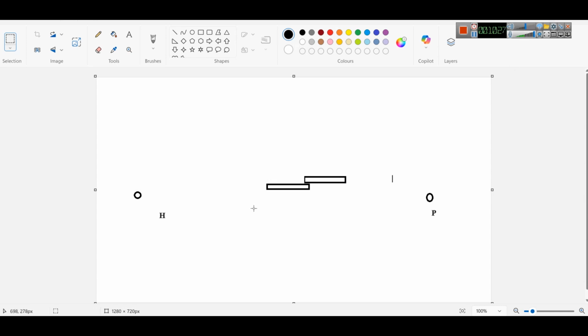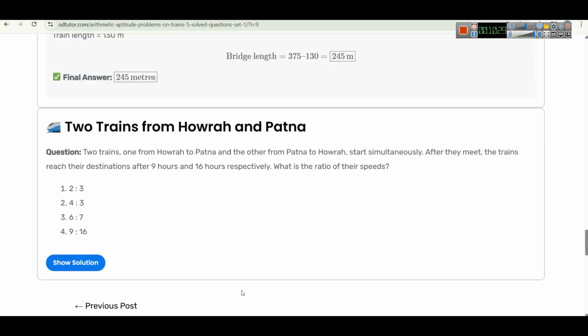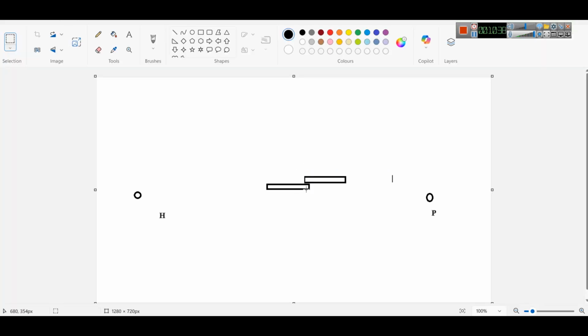So after they meet, you can see the trains reach their destinations after 9 hours. Howrah to Patna, this train will take 9 hours to reach and this train will take 16 hours to reach. This is how it is given.